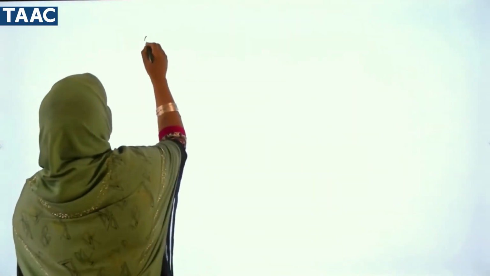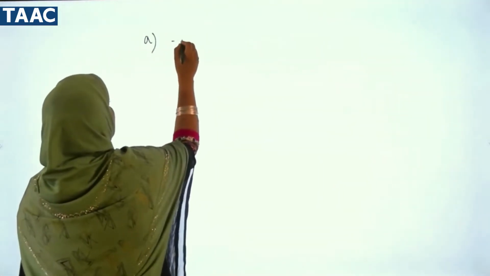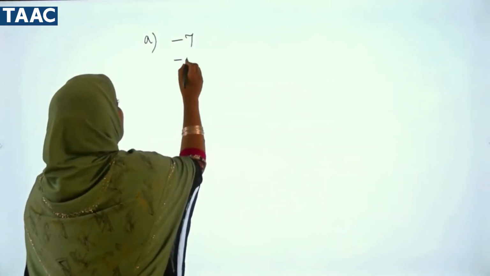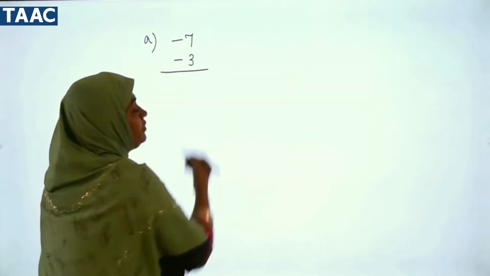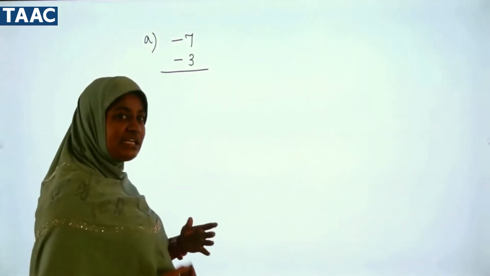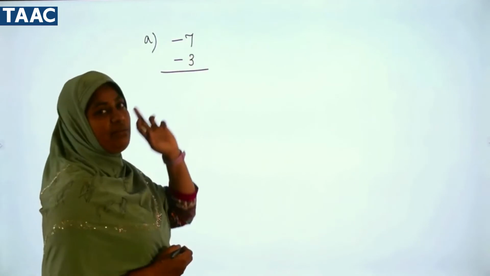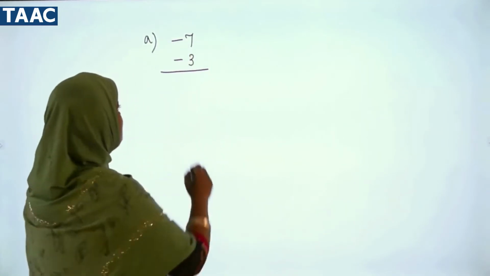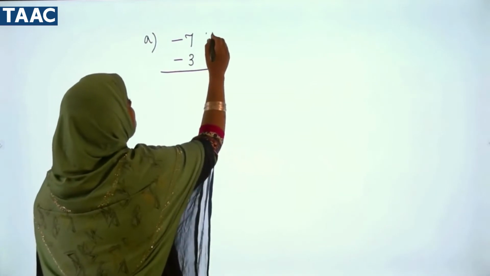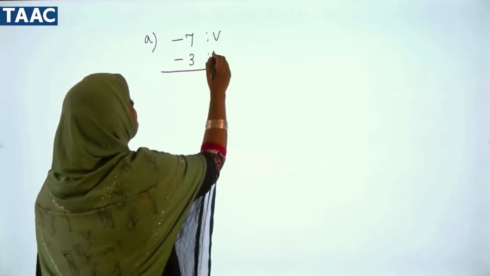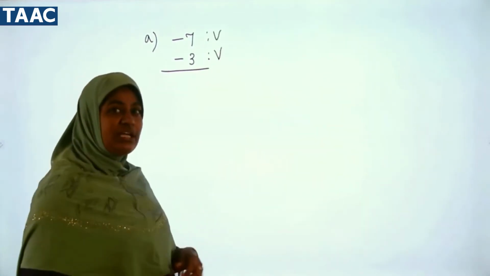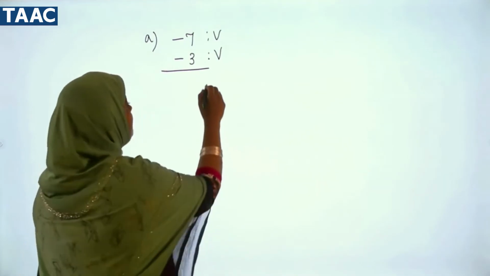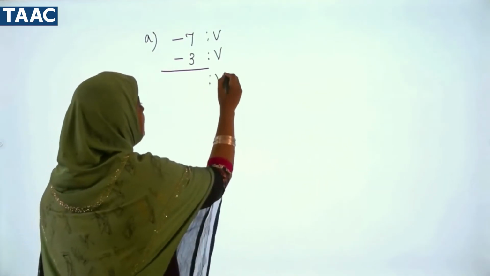Now let me revise the concept for you. I am going to take a sum in which I am writing -7 and -3. For our easy understanding I am writing the bigger number first. 7 is the bigger number, no? So you see here, minus means villain, again minus means villain. We know that villain and villain coming together means our answer will also have villain.